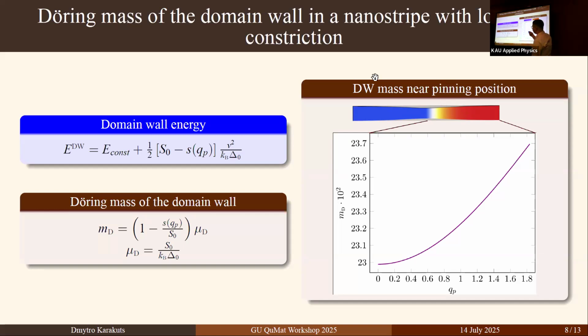As a result, we can say the domain wall has an inertial mass, and this inertial mass for a case with cross-section variations is shown here. So here we have results for no changes in cross-section, and here we have how the cross-section variations change the domain wall mass.